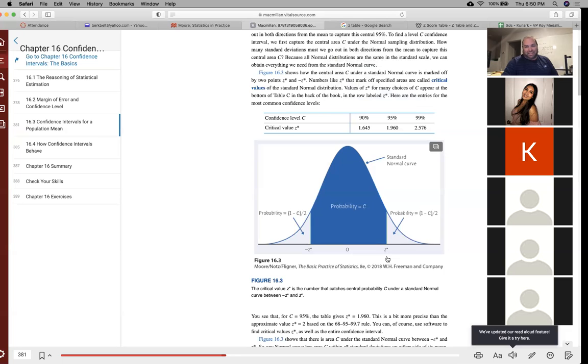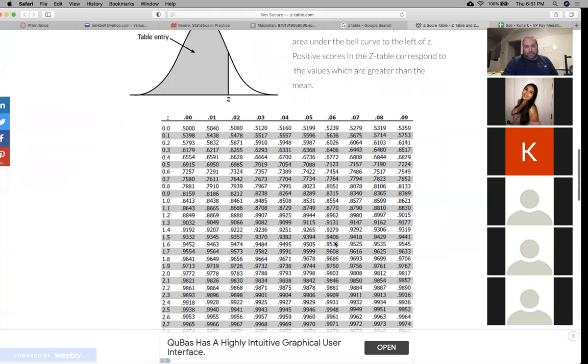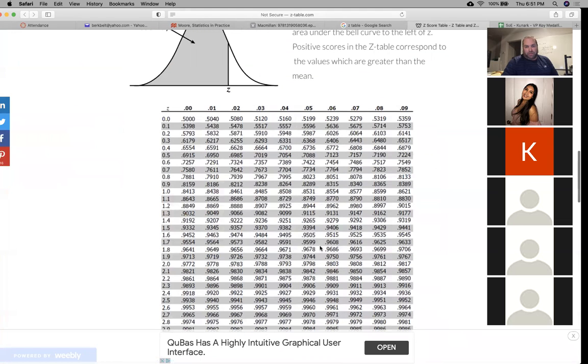So it will be 96.5%. And then I would go to 0.965, and that would be about 1.81. So my z star for that case would be 1.81. Make sense? Yes, thank you.